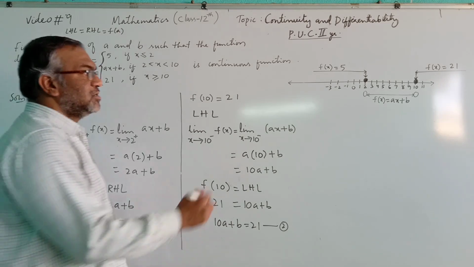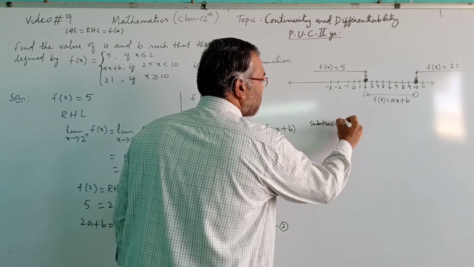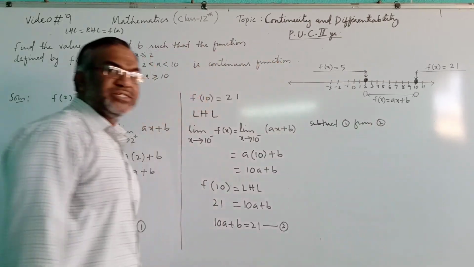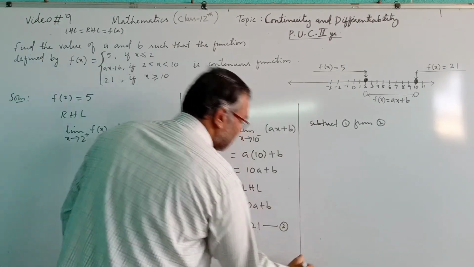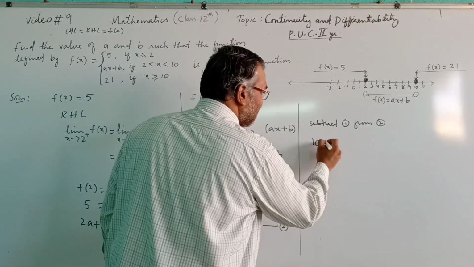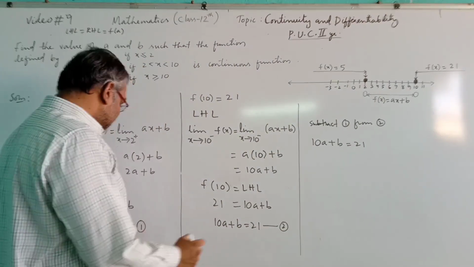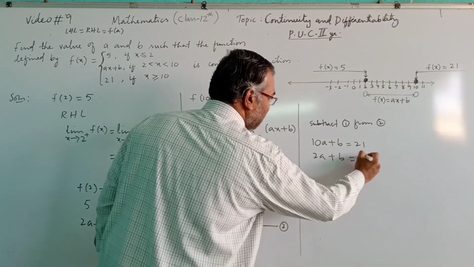Now subtract equation number 1 from 2. So 10a plus b is equal to 21, then subtract 2a plus b is equal to 5.